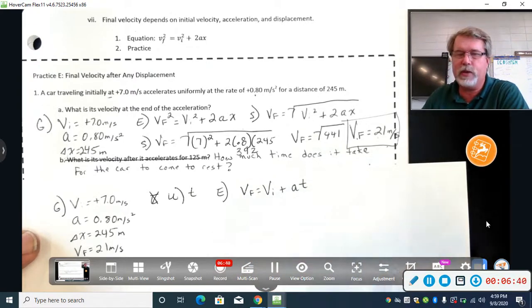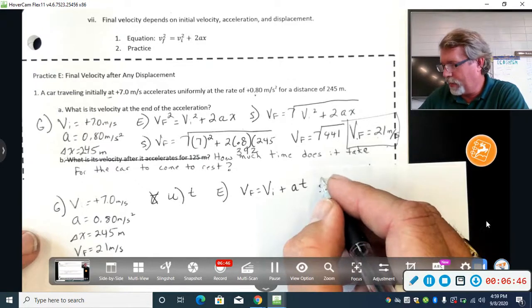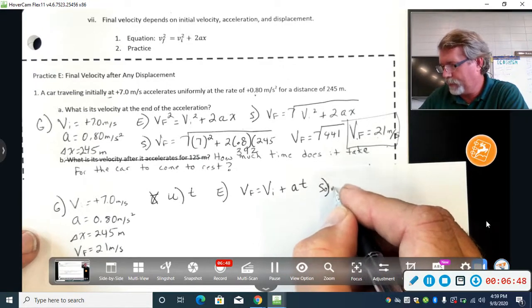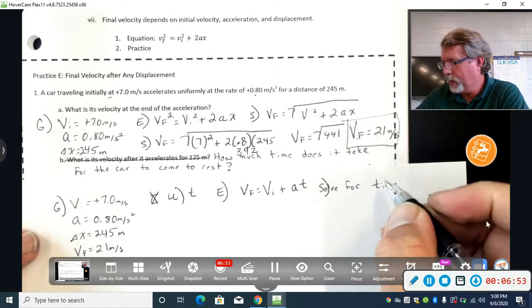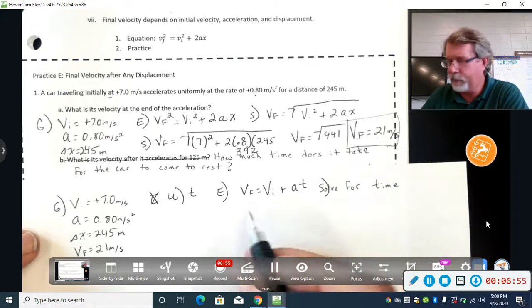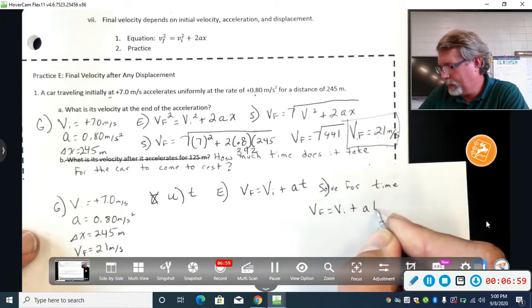We used this one earlier. We solved it for time in an earlier situation, and in this case, we can do the same thing. We can solve this expression for time. So we have VF equals VI plus AT.